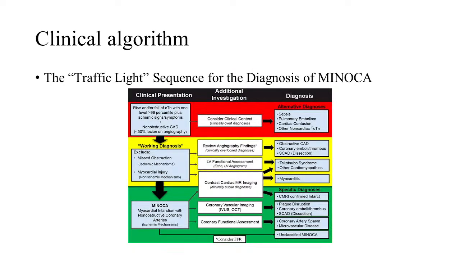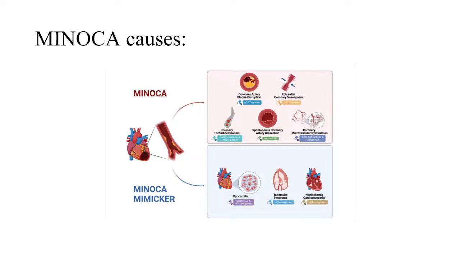Coming to MINOCA causes, one is an atherosclerotic plaque, which can undergo rupture or disruption. That could be one of the causes. Another is epicardial coronary vasospasm. Most of you would have heard of vasospastic angina or Prinzmetal angina. Is that MINOCA?